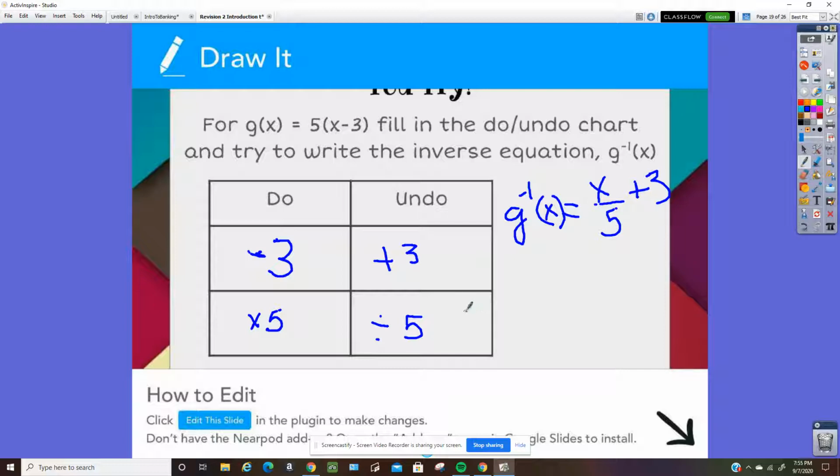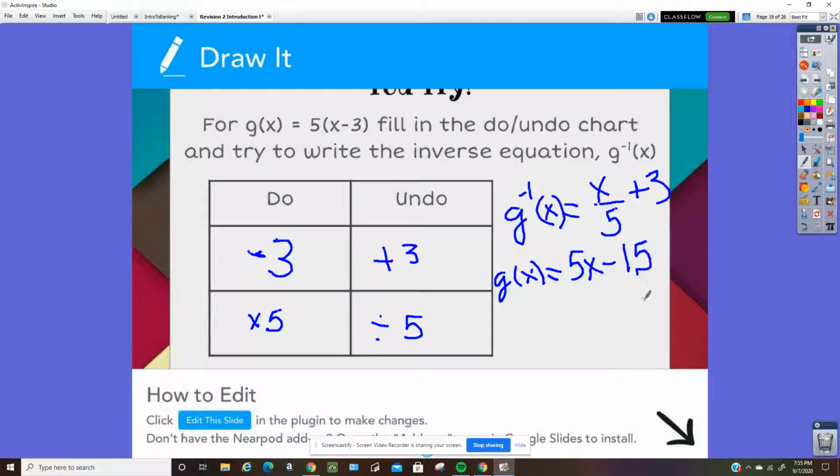Now, some people were confused because they thought, what happens if we do the distributive property first? It kind of changes what the equation looks like. If I did the distributive property first, I would have this equation originally.